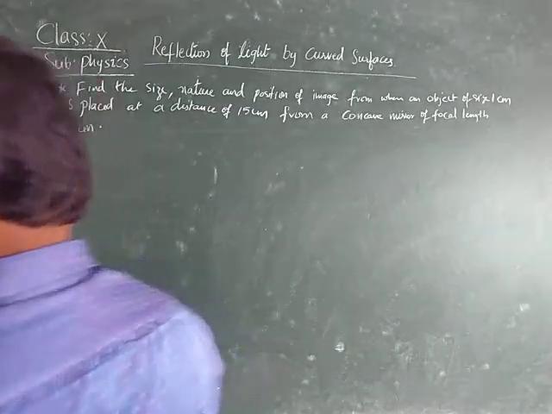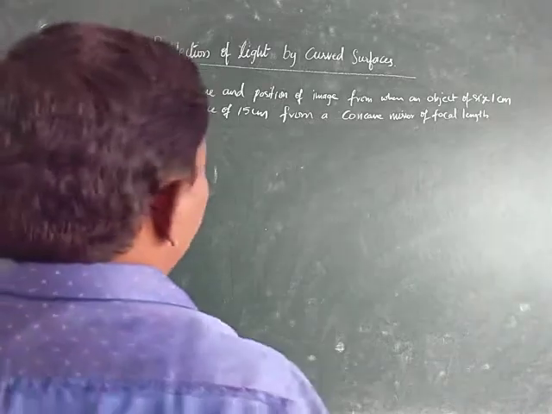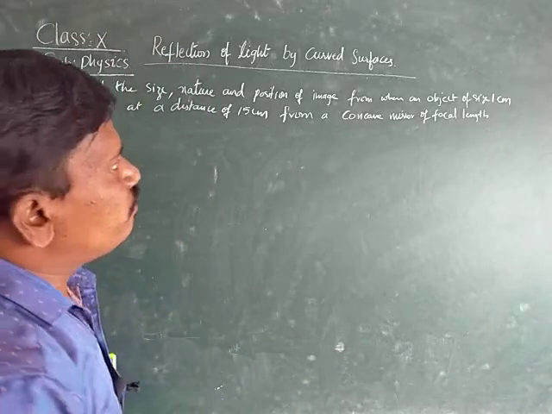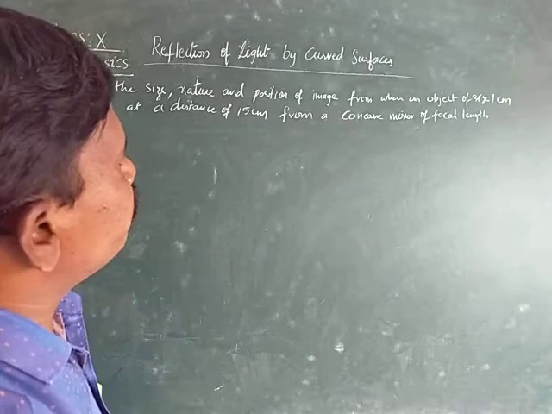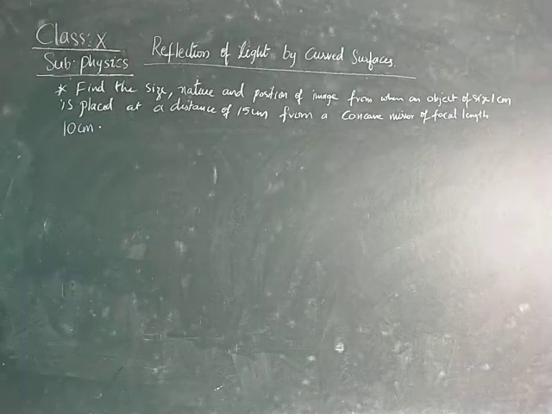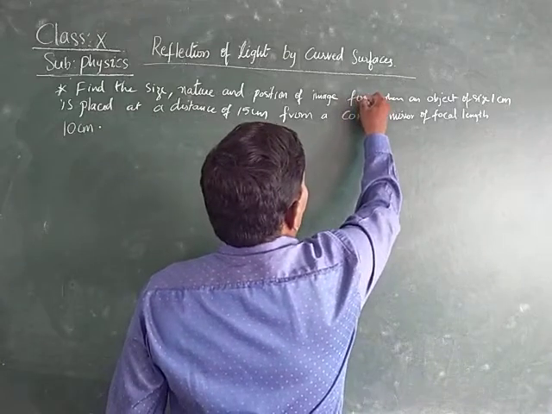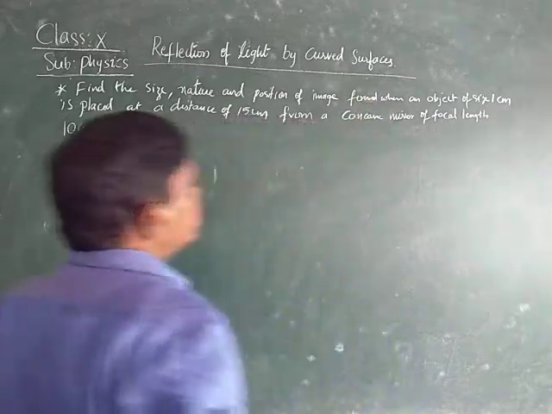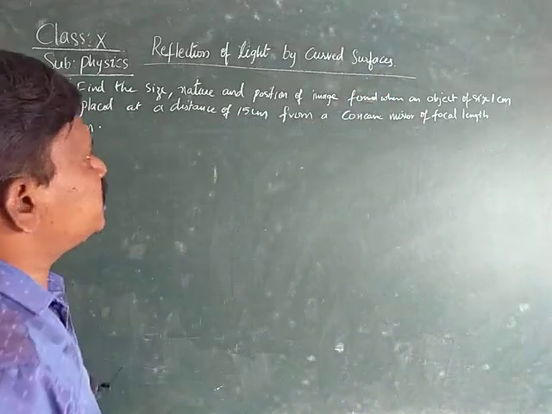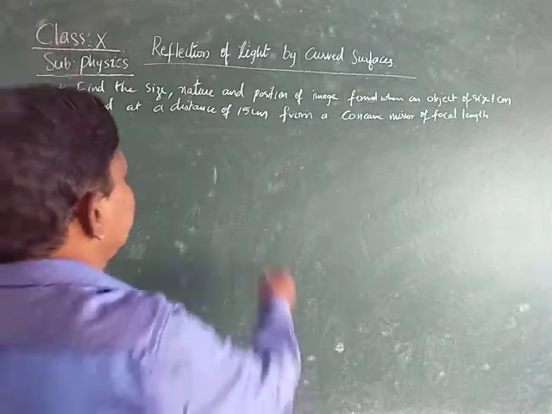Here he is asking us to find the size, nature and position of the image formed when an object of size 1 centimeter is placed at a distance of 15 centimeter from a concave mirror of focal length 10 centimeter.